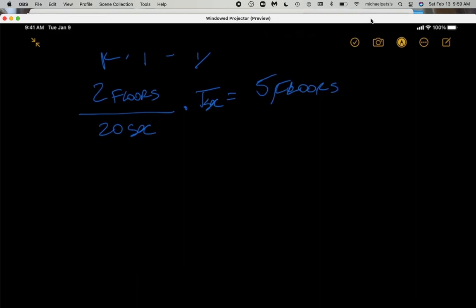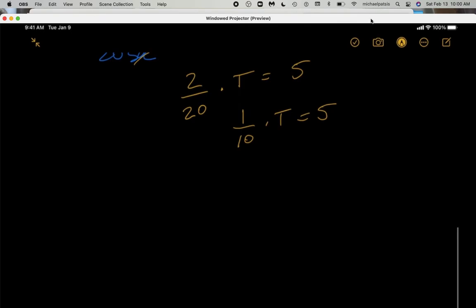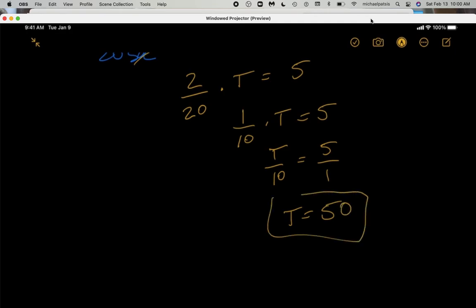Because if we were to cross out seconds here, we would get floors equals floors. So now that our units are correct, we can just put the numbers down here and do our math. Again, 2 fractions facing each other with an equal sign in between, we can cross multiply.